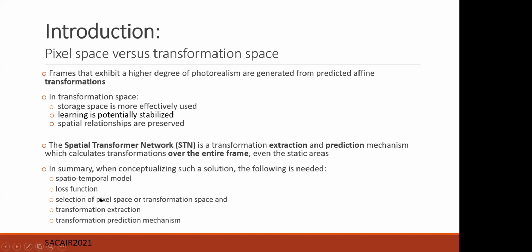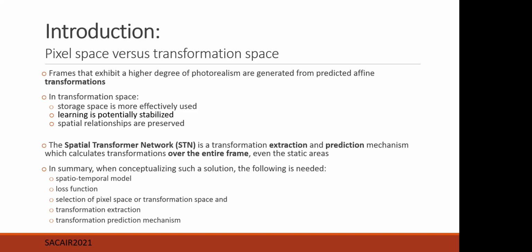In this work, the spatial transformer network, the STN, was considered. It calculates transformations over the entire frame, including the static areas of the frame. So in summary, when conceptualizing a solution to perform future frame prediction, the following is needed: a spatiotemporal model, a suitable loss function, a decision on whether to predict frames from raw pixel values or in transformation space.